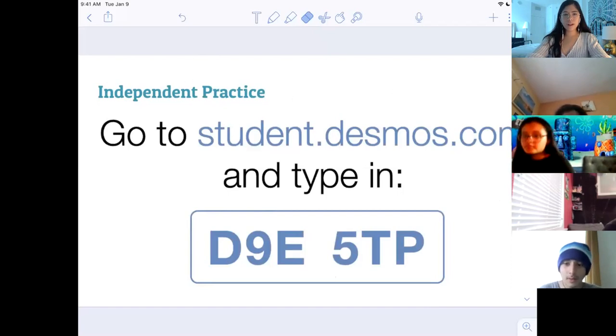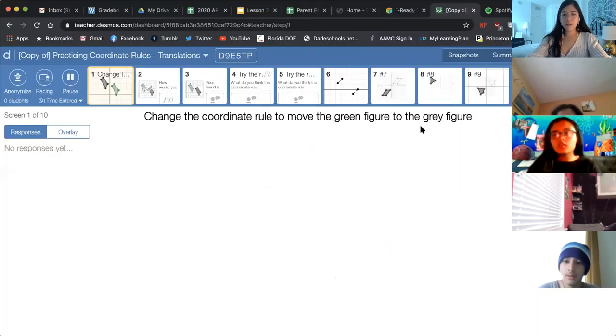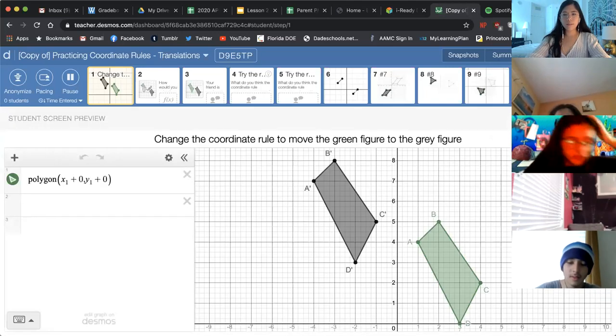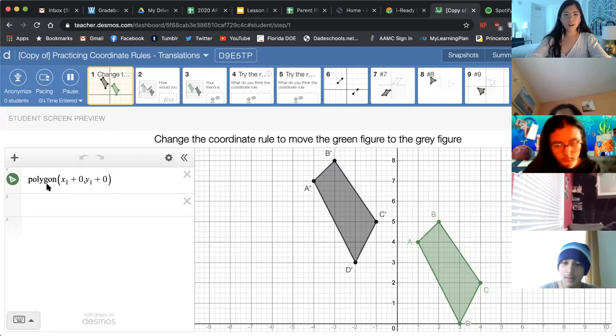Once you get there, let me share my new screen. You should see something like this. On the assignment, you're going to go over on the left side where there's the rule and write the rule for this exact transformation.